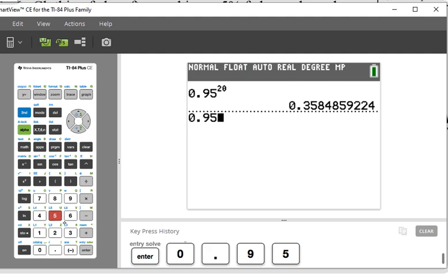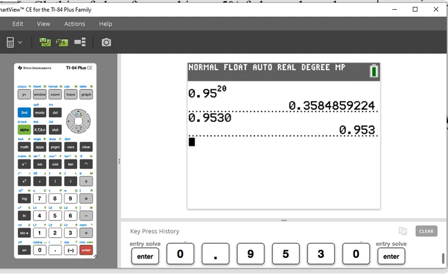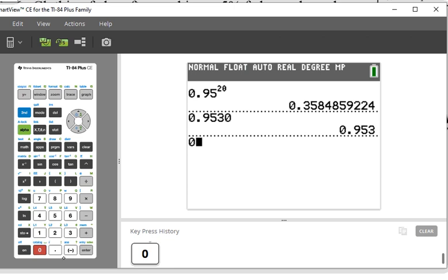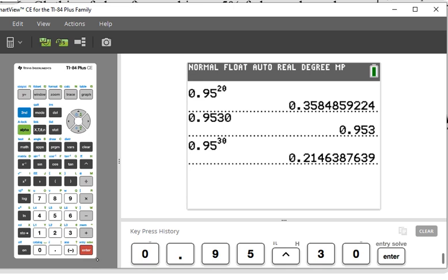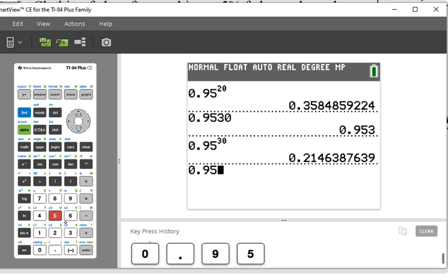How many more washings? Let's go to 30 washings. Whoops, that didn't work. I was trying to figure out what the problem was. Exponent 30. What do we get? 0.21. We're down to 21%. We've washed it too many times.